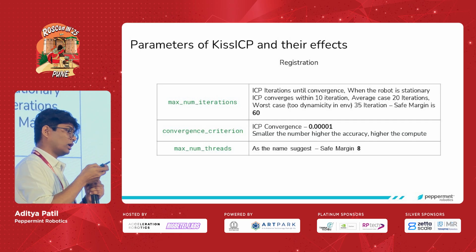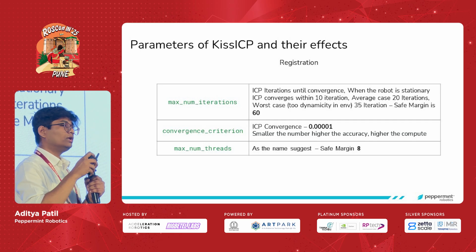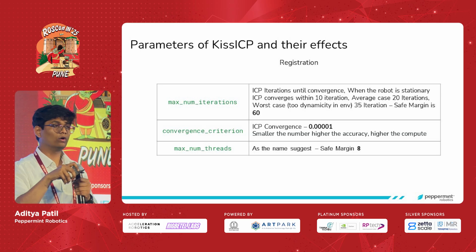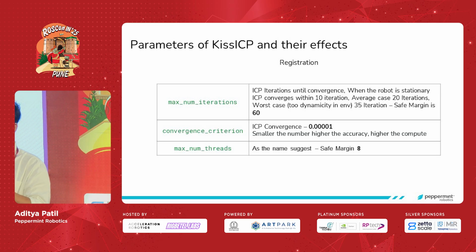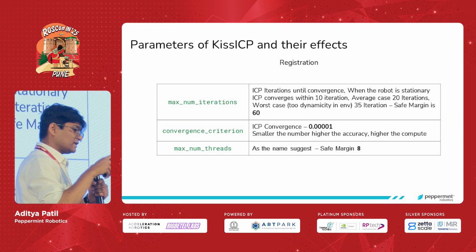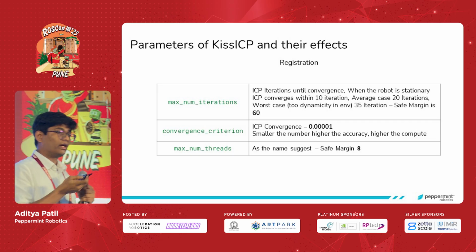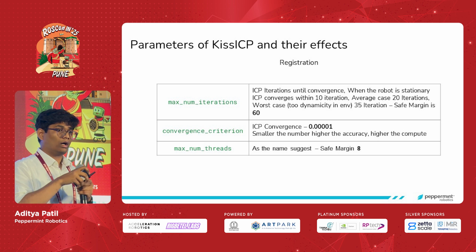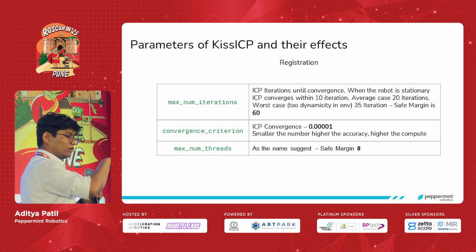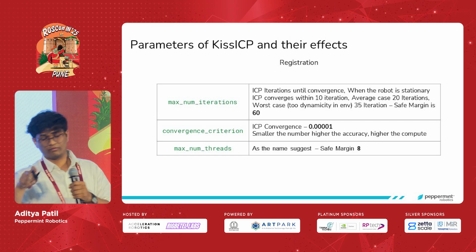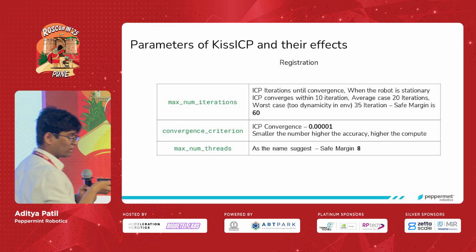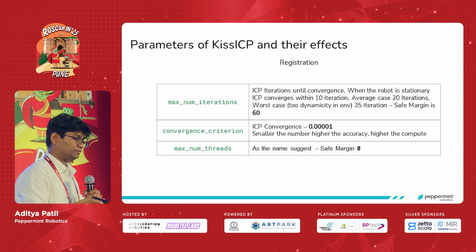If you keep your convergence criteria very high, then you won't be getting good results. So you tend to keep it very low, but you should also ensure that you do not keep it so low that you end up consuming a lot of CPU. There's a balance that you have to maintain between getting very good results and consuming a lot of CPU. And the max number of threads defines how many threads your module is going to consume.